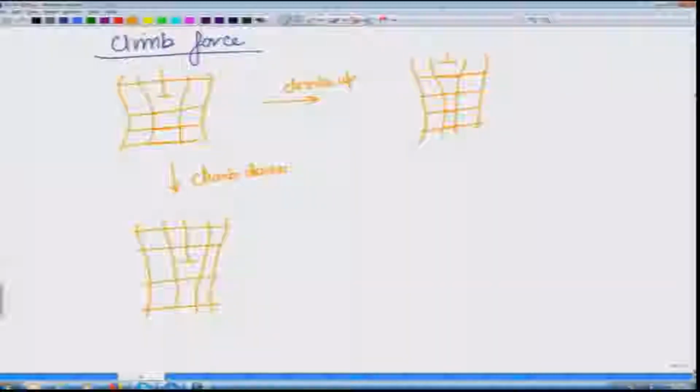Now, what happens when it is climbing up? When it is climbing up, the one particular layer or row of atoms which was present over here must go out. So in this particular case, atoms move out, and it would mean that vacancies must move in.